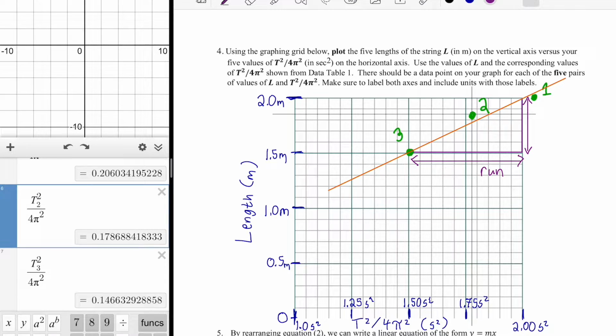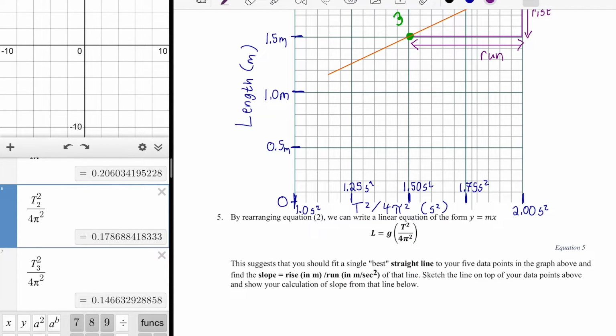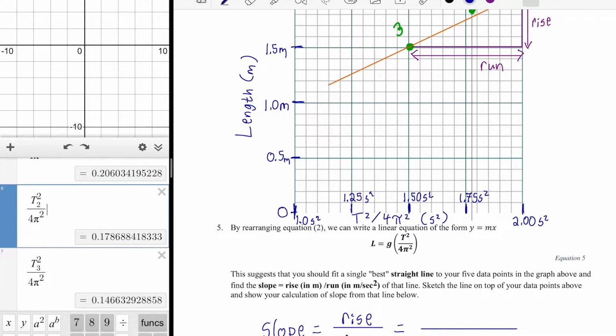I chose this particular size triangle because it's easy to see exactly what the values are. We have a rise of exactly 0.5 meters, which you can see here, because it's the difference between those larger squares. And we have a run of exactly 2 of the larger squares, which corresponds to half a square second. So let's show our calculation for the slope. Slope being rise over run is going to be equal to half a meter on top.